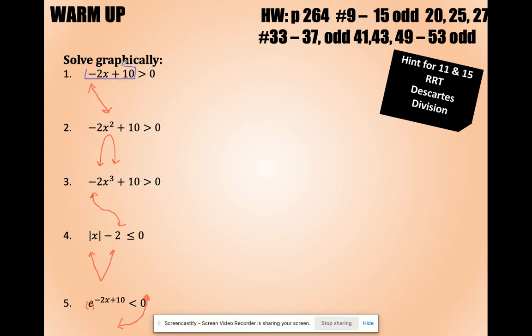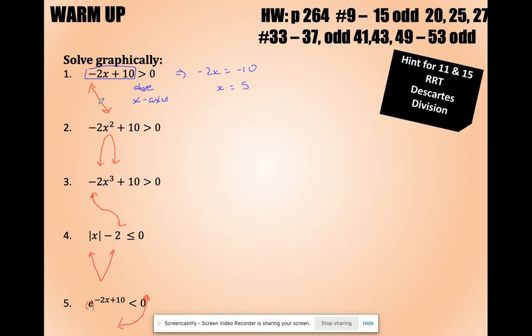When is this graph above 0? That's above the x-axis. So do you quickly know when a linear function is equal to 0? Notice I said equal. So my strategy was negative 2x is equal to negative 10, x is equal to 5.